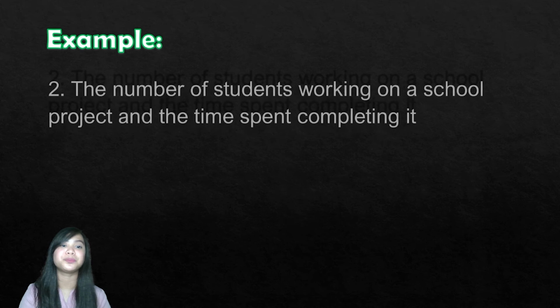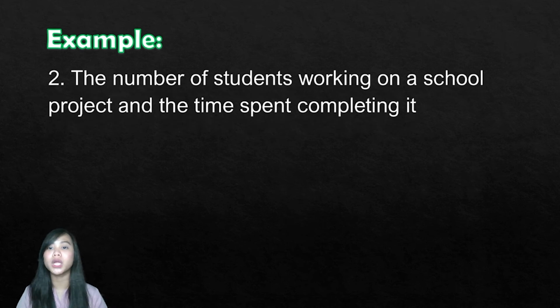Next example, we have the number of students working on a school project. So you have a group project. Let's say you have five members in a group, and then the time that you've spent to complete it.